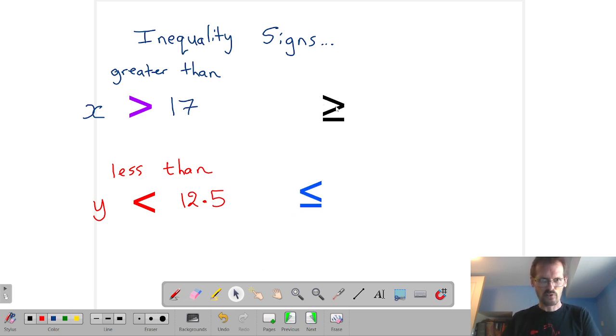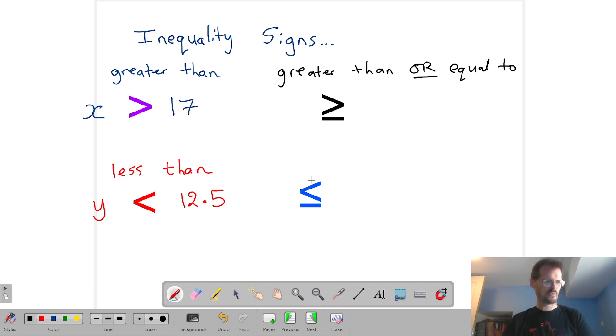So here we've got the greater than symbol, so this one means greater than, just like it did over there on the left, or equal to. So greater than symbol and a little equal symbol in the same place.